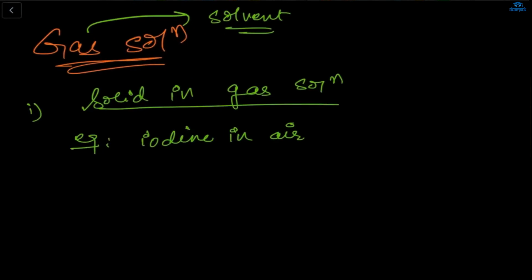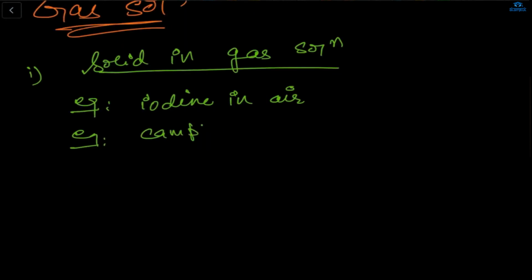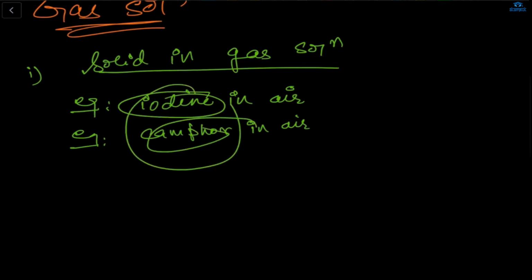So can we write iodine in air? We can write camphor in the air. This and this is solid, and air is what? Air is a gas. Ma'am, what's iodine? Okay, what is iodine, Razi? It's like a liquid that's brown in color. Yes, iodine is an element. And any definition of iodine? Iodine is mostly found in salt. Yes, salt, NaCl.